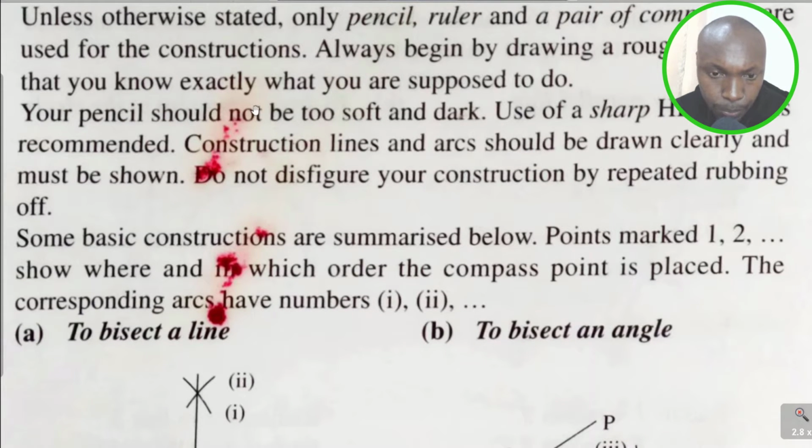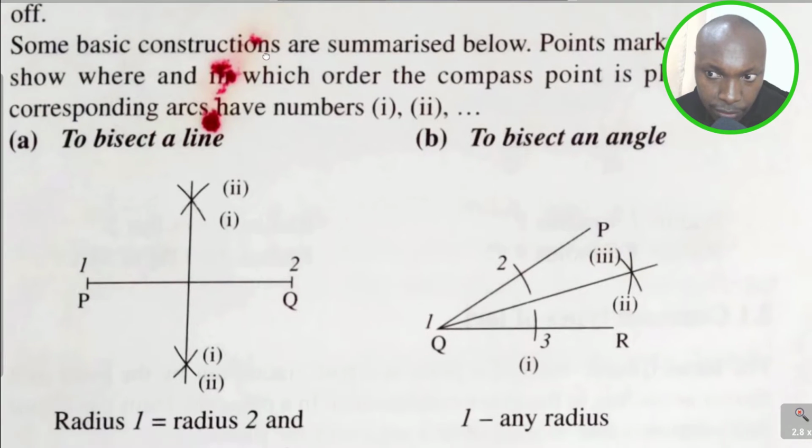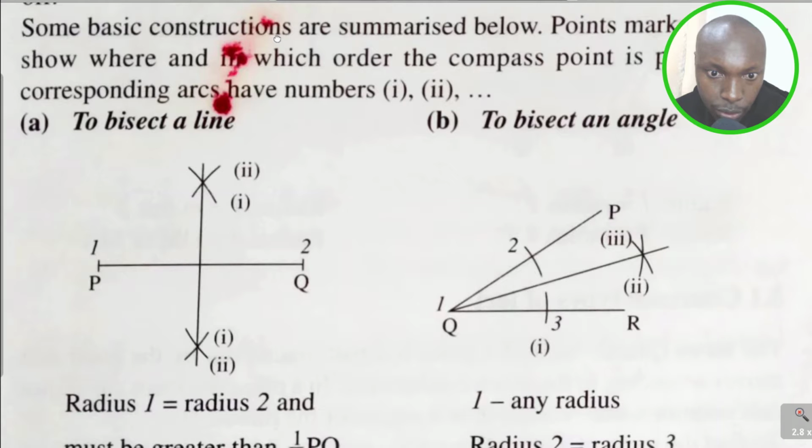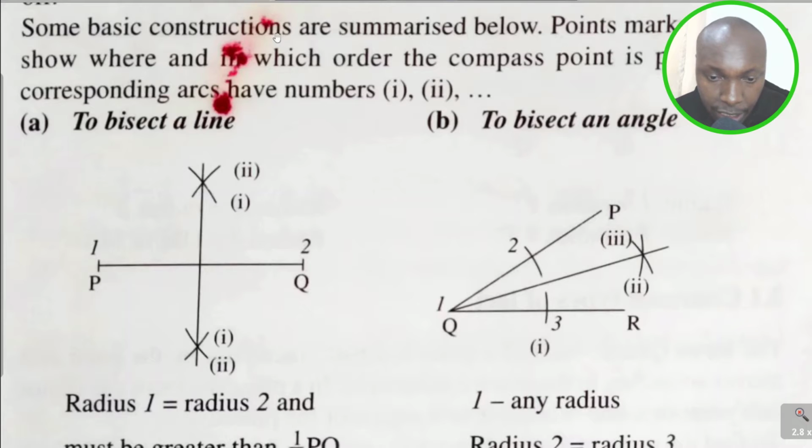So we're going to look at these basic constructions that you require, as I've said, for you to work out questions on Loci. Most of them require some prior knowledge that we did in the previous chapter. Number one, that is part A. You need to know how to bisect any line, like in this case, you're bisecting this line PQ.